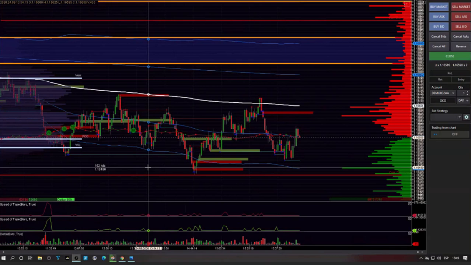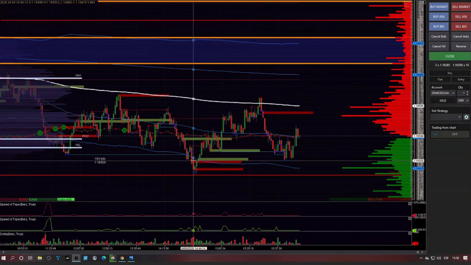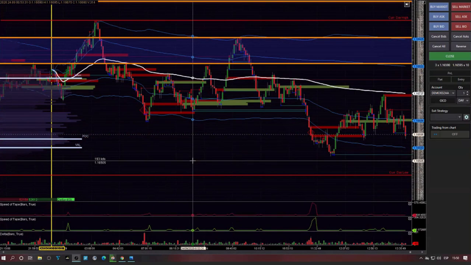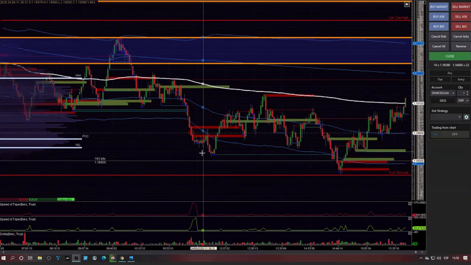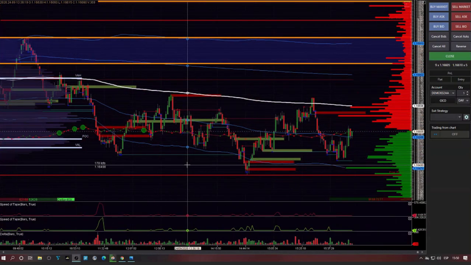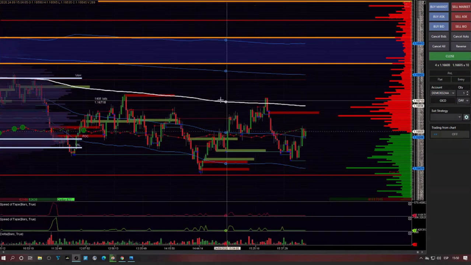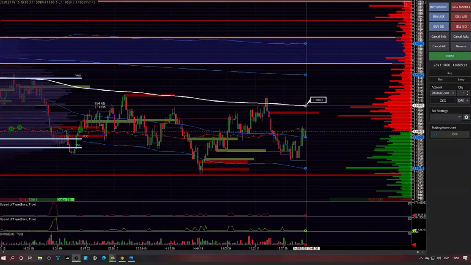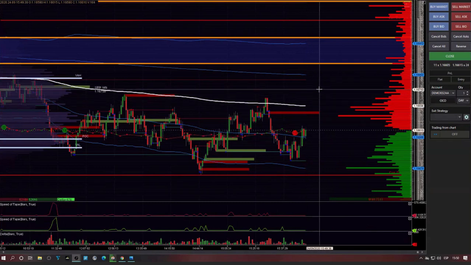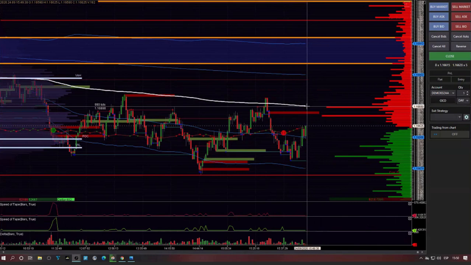I use that because many algorithm traders use these deviations as reference, and that's why we sometimes see price bouncing up and down from these lines. According to the market, the VWAP is the most fair price you can find, because it's the average volume price.